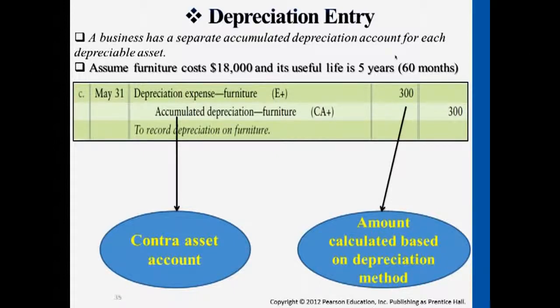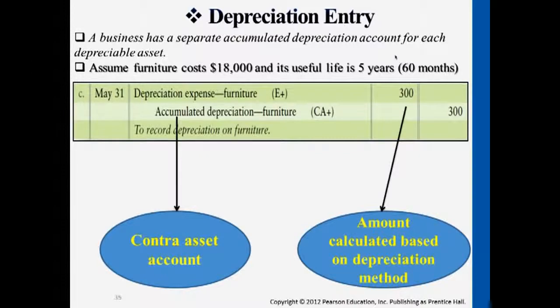And then under the expense side, you will have depreciation expense, also $300. So these two refer to this transaction here: debit depreciation expense, credit accumulated depreciation. Altogether this represents that this $18,000 worth of furniture no longer has the value of $18,000.